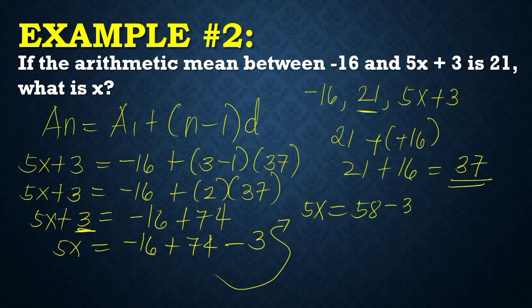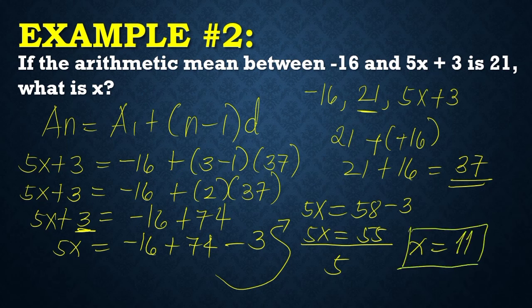So, 58 minus 3, that is 55. Again, we divide the whole equation by 5, we will obtain a value of x, which is 11. So, yung nakuha nating sagot kanina na 11, pareho lang din siya na 11 pag in-apply natin yung arithmetic sequence formula.